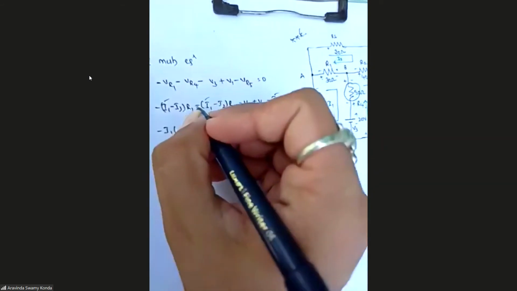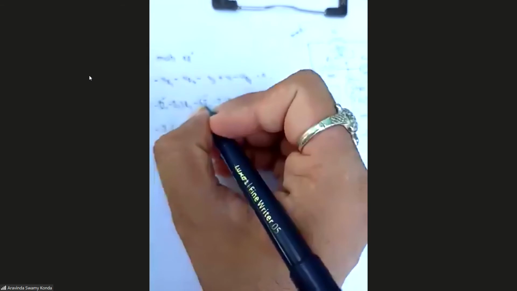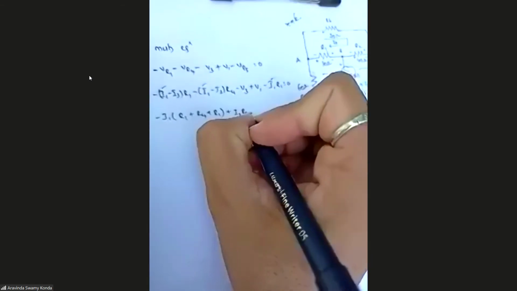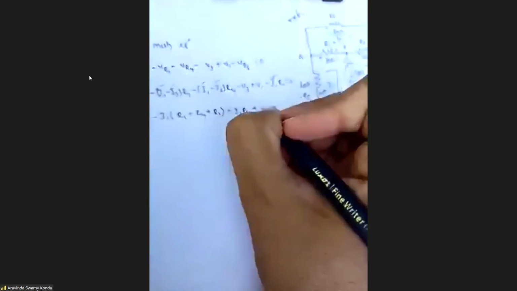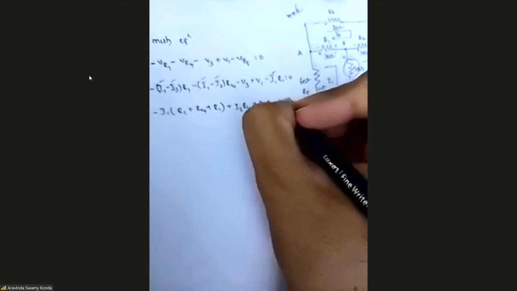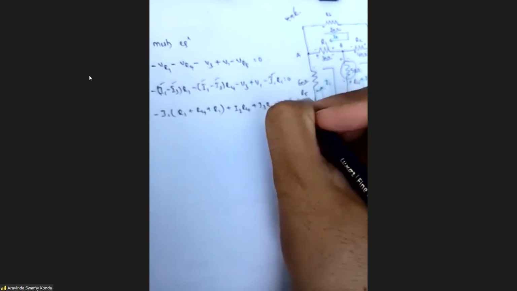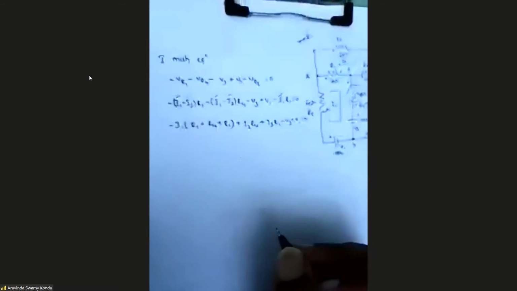Next take up I2: minus into minus, plus I2 R4. Then I3: minus into minus, plus I3 R1, minus V3 plus V1 equal to 0.